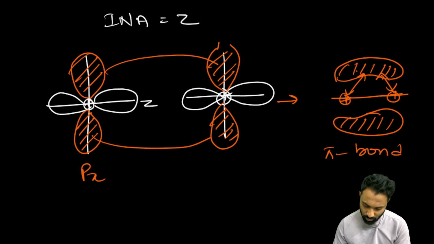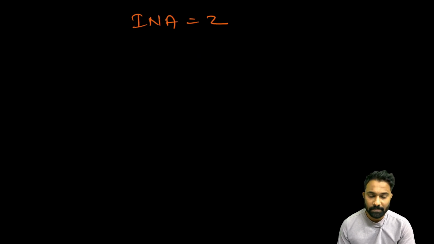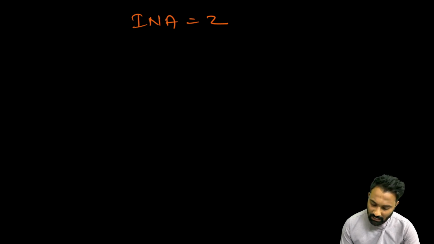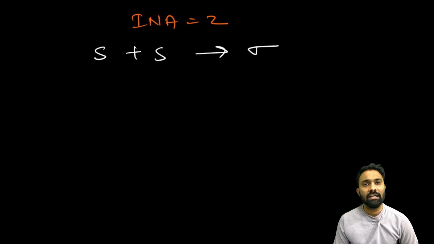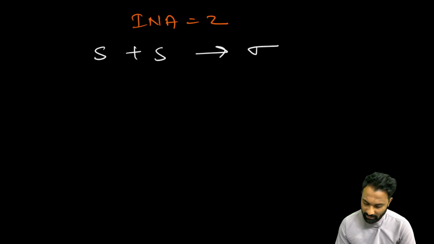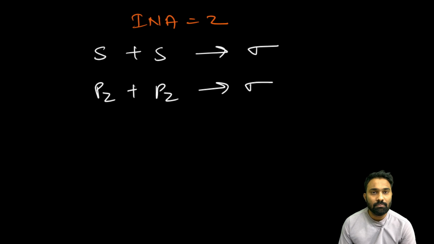Now we got to know that if the internuclear axis is Z, always s orbital plus s orbital overlap leads to give the sigma only. Here s orbital is non-directional, in all the directions you will get the electron. Then pz orbital plus pz orbital overlap leads to give the sigma bond.